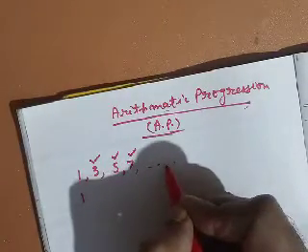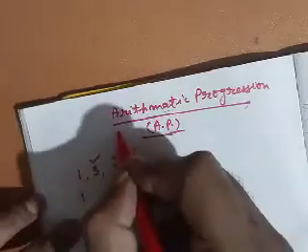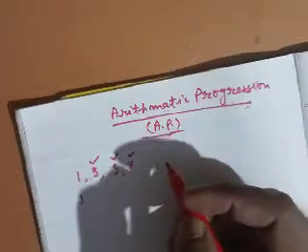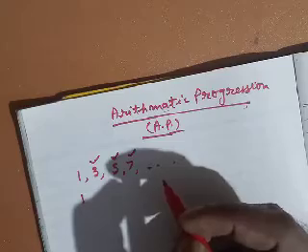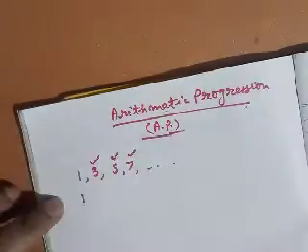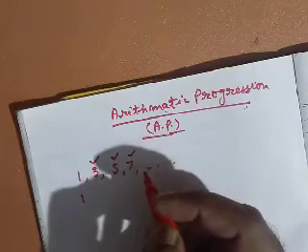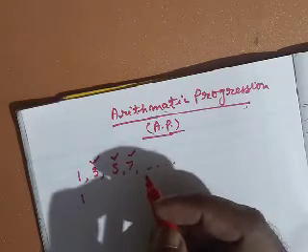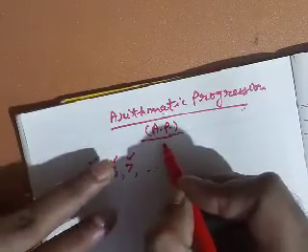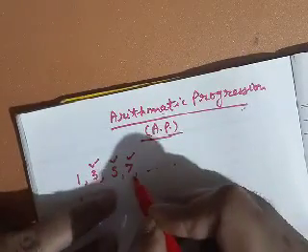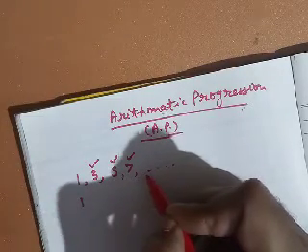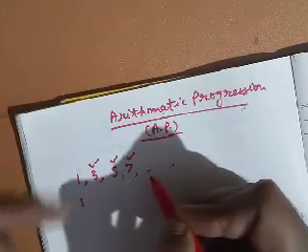So we have learned what arithmetic progression is, and now we will learn some terminology. Before going to terminology, we will discuss that there are two types of series: definite series and indefinite series.